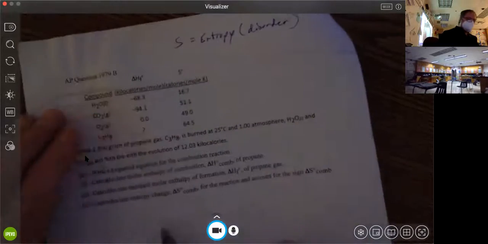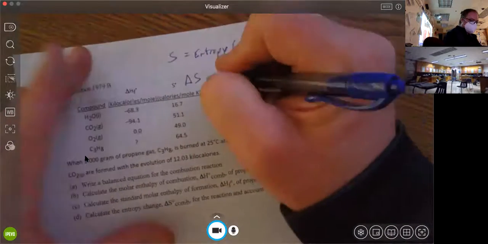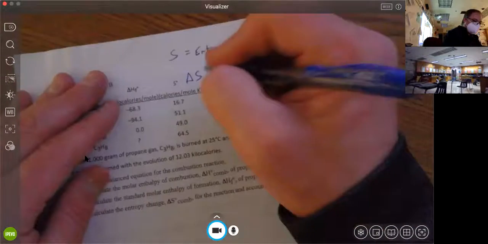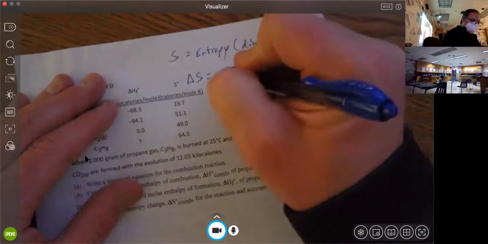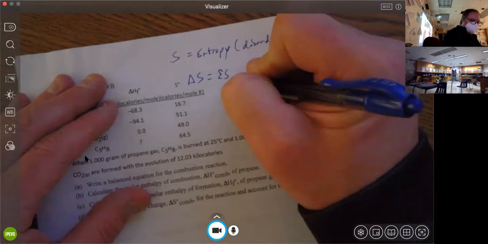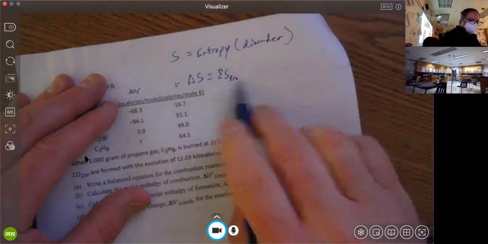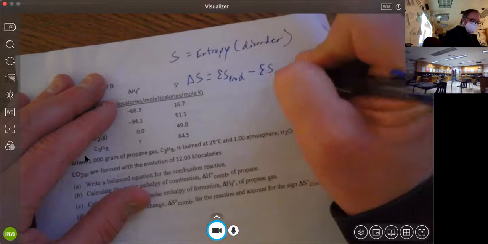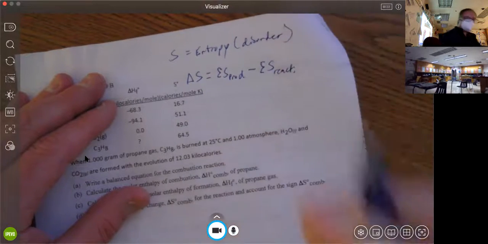But the cool thing is, if you're going to try these tonight, delta, actually, I don't want a delta sign. Yeah, I do. Delta S equals the summation of the entropy of the products minus the summation of the entropy of the reactants.